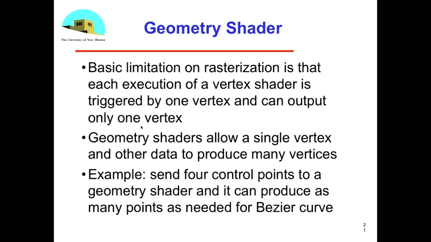However, with a geometry shader, we can do exactly that: send over the 4 control points, and tell the geometry shader how many vertices I want to produce. So I could put all of the code that we just discussed into a shader, and that geometry shader will produce as many points as I want, and each one of those will trigger an execution of a vertex shader.